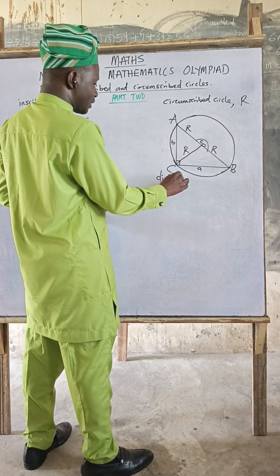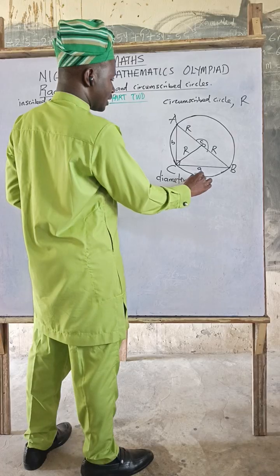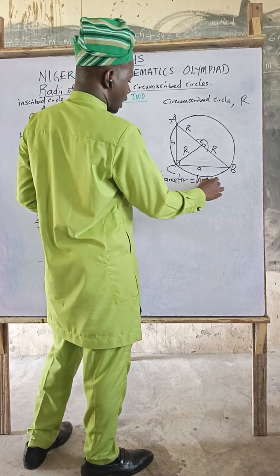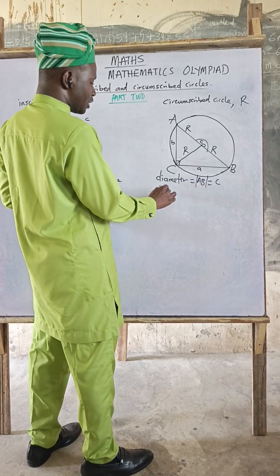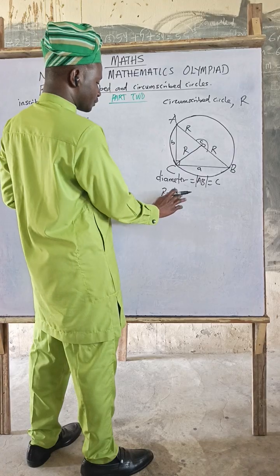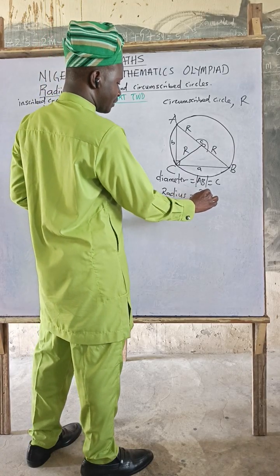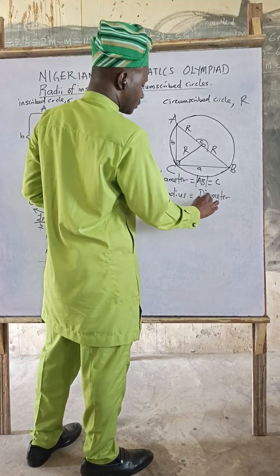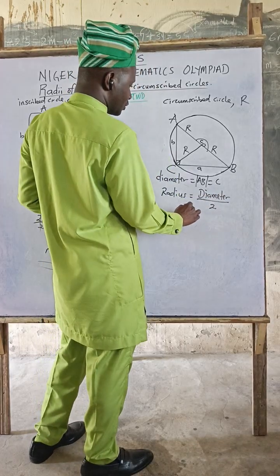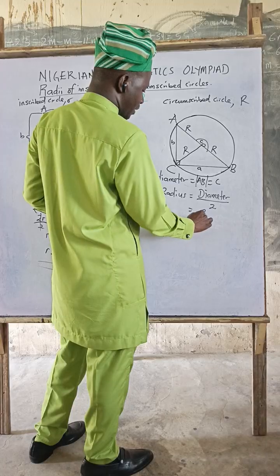The diameter is said to be the line AB, which is equal to C. And we know that radius equals diameter divided by 2. So the diameter is said to be C, then divided by 2.